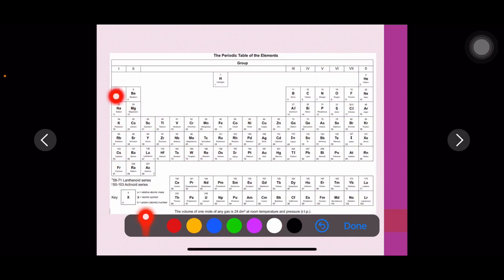So group 1, group 2, transition elements or aluminium make bonds with the non-metals, any of the non-metals. It could be oxide, fluoride, chloride, bromide, nitride, phosphide, and this kind of bonding is called ionic bond.